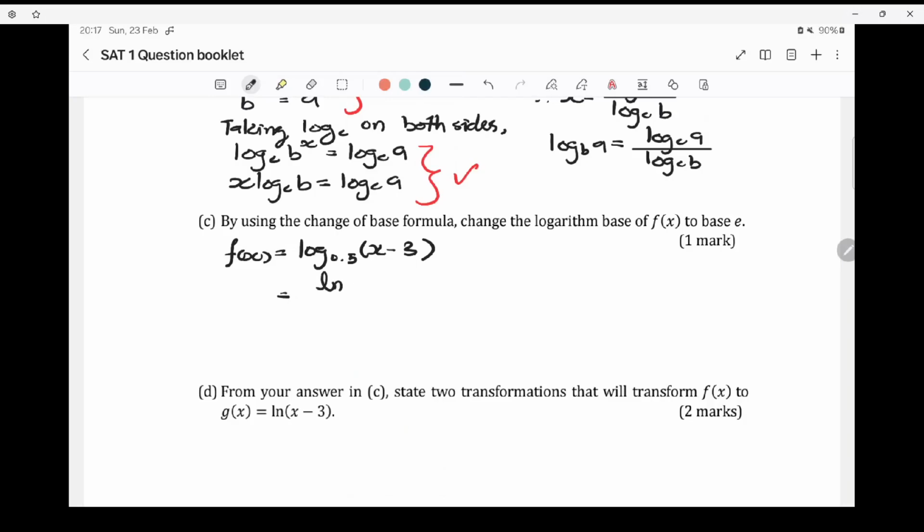So a would be x minus 3, and ln b is ln 0.5. Over here you need to be careful because ln 0.5 is a negative number. So you have a negative number and then you do the reciprocal.